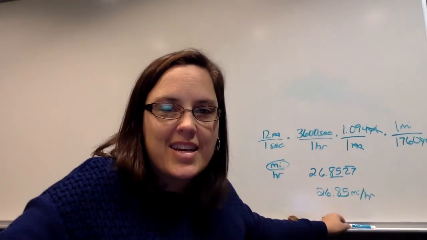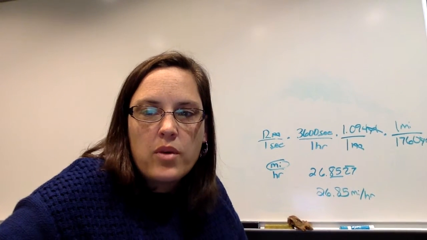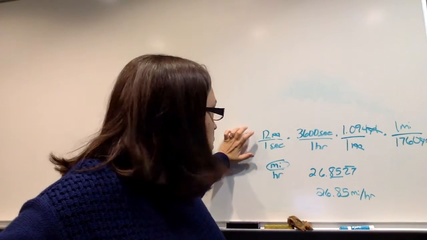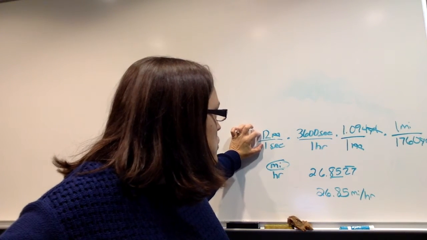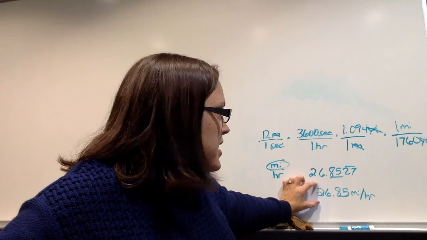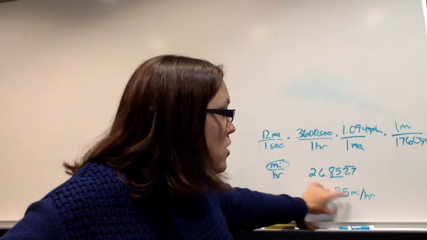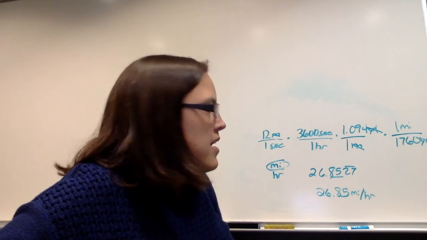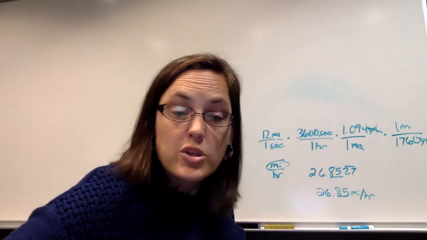Okay, so taking a look at the actual problem, we were given that the short track speed skater was going about 12 meters per second. If that skater skated for 1 hour, they could skate about 26.85 miles an hour, which is pretty quick.